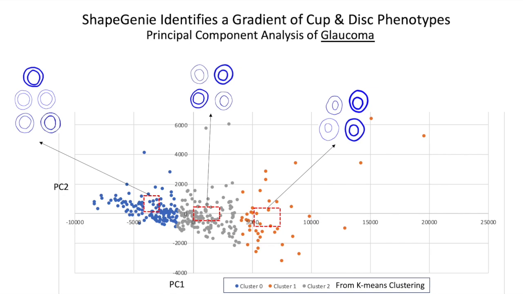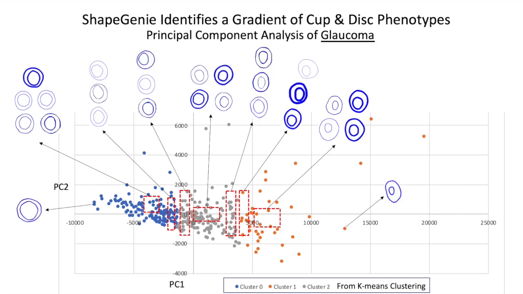K-means clustering again found 3 groups, and these 3 groups represent distinct phenotypes that are ultimately points in a continuum of phenotypes. I want to point out that different regions of this orange category can have different combinations of shapes when it comes to the cup and the disc.